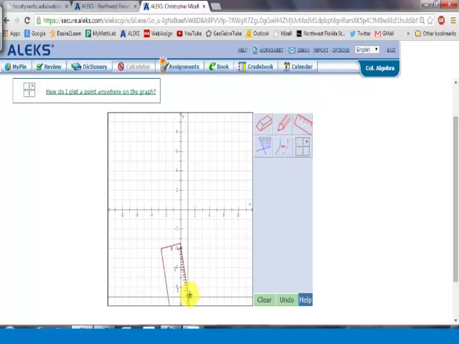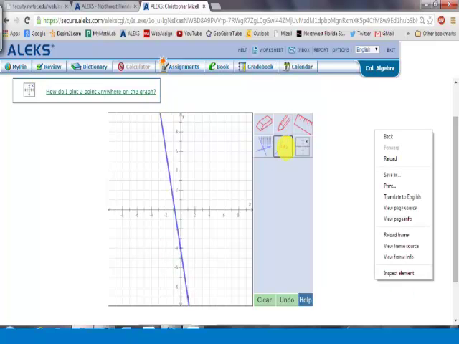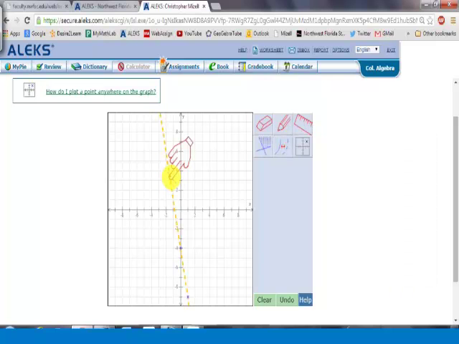Click a point, click another point, pencil. We got the line. Then you have to click on the line. Oh, there we go. Click on the line. And now can I toggle, or do I have to click on the line again? Okay. So click on the solid to broken toggle switch and then click on the line.